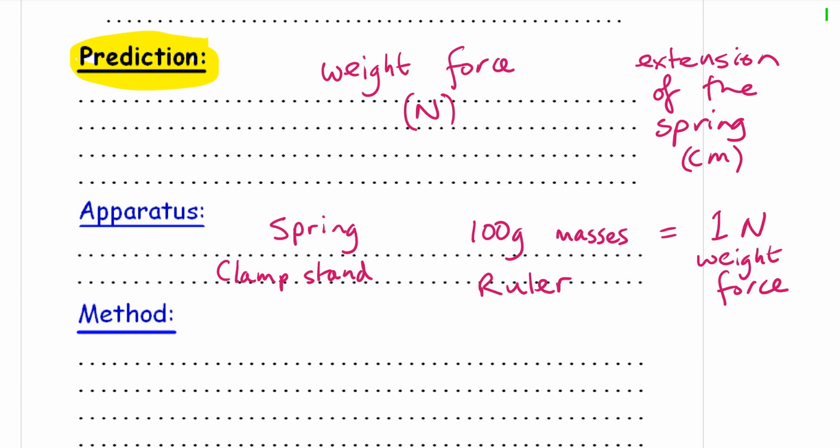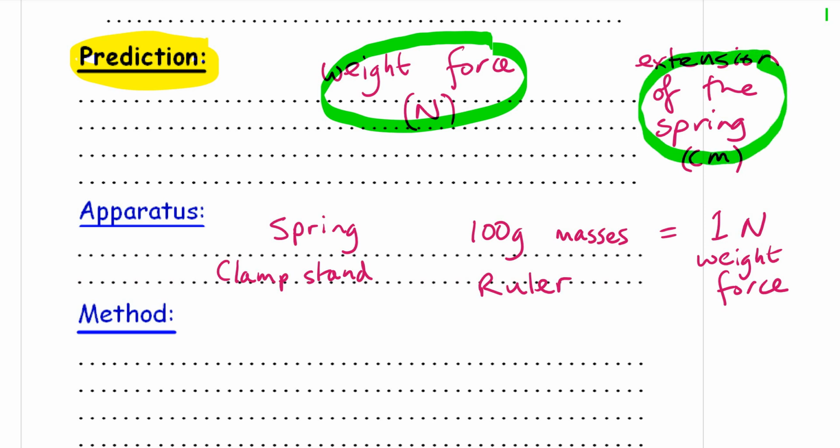Now we're going to use 2 terms here, the weight force in newtons and the extension of the spring in centimetres. Now, I think you'd agree with me that one prediction could be that as we increase the weight force, the extension of the spring in centimetres will also increase.